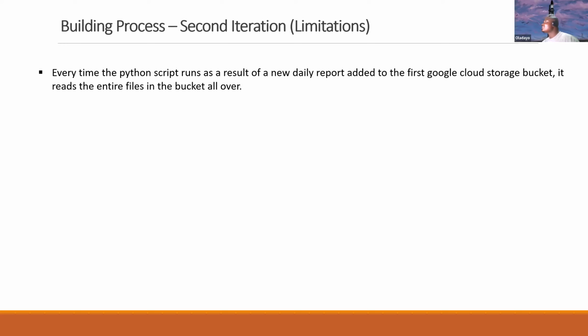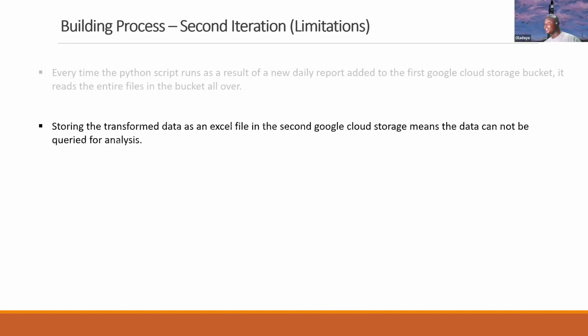So at some point, it might fail because there are a lot of reports to be read. So that's one of the limitations. It would have been nice if it could only read just the new daily reports and then append them to the other data frame that has been created, and then update itself instead of reading everything all over again.